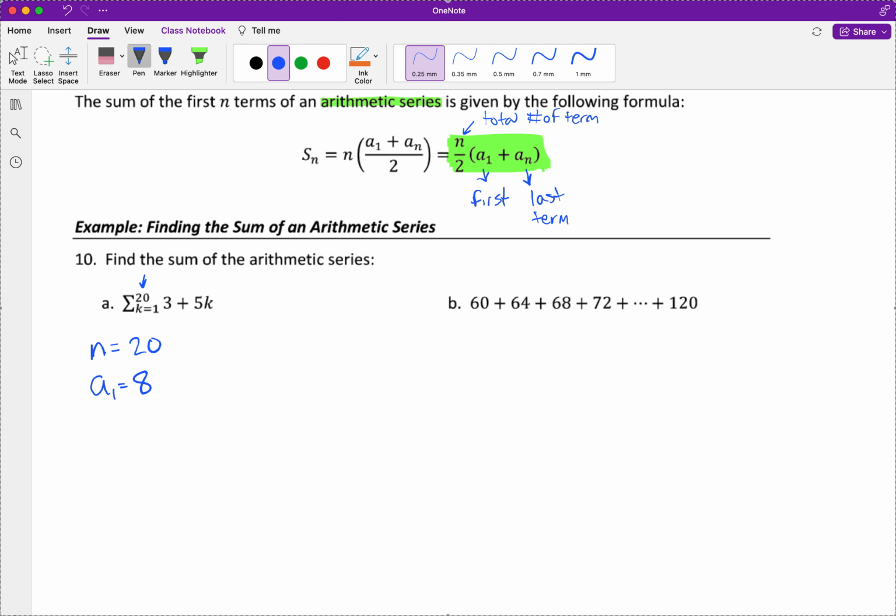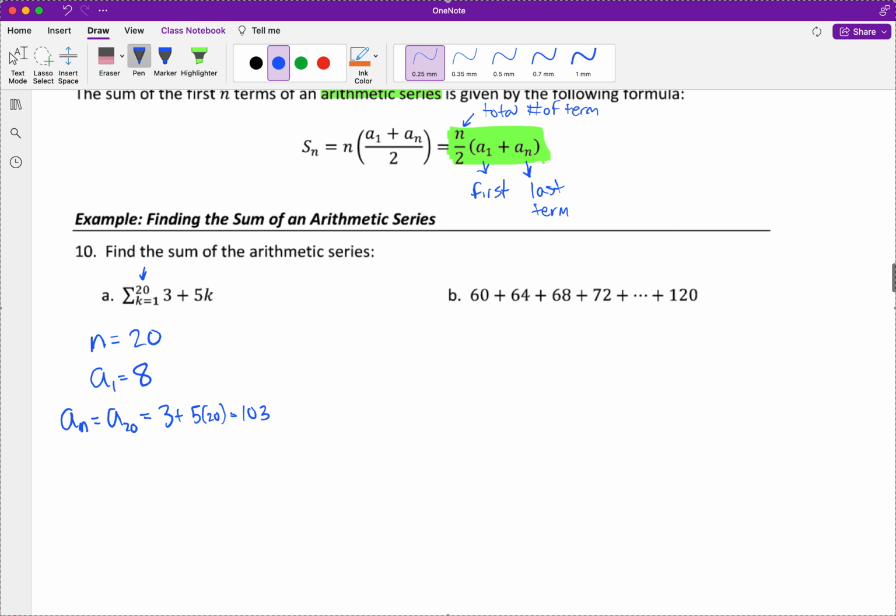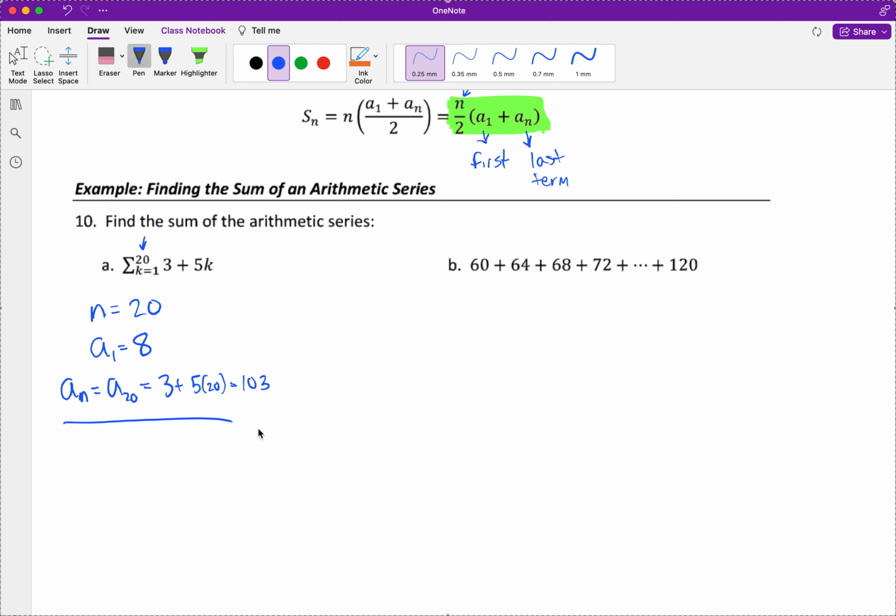And then I need the last term, which is going to be A20, because we're doing the first 20 terms here. And so I plug that into the rule, 3 plus 5 times 20, and I'm going to get 103. All right, so now that I know what these values are, I'm going to go up here and use my little rule and say, the sum of the first 20, I'm going to put little tails on my S because it looks like a 5 otherwise, the sum of the first 20 is going to be 20 divided by 2, because I'm doing the first 20 numbers, so n is going to be 20.